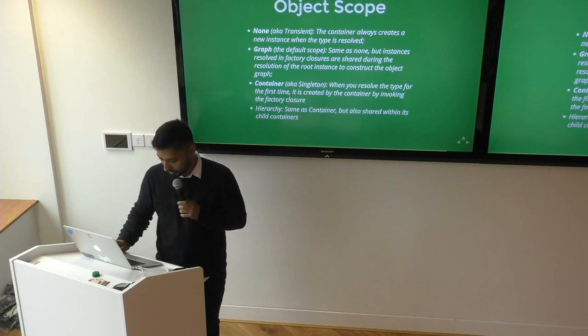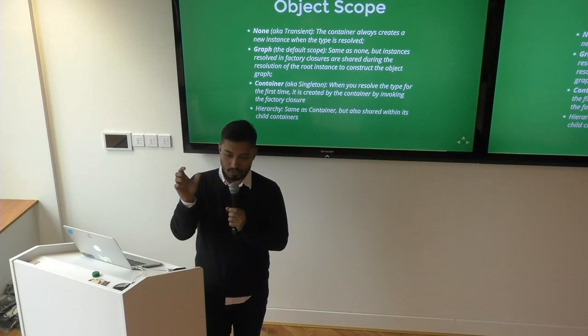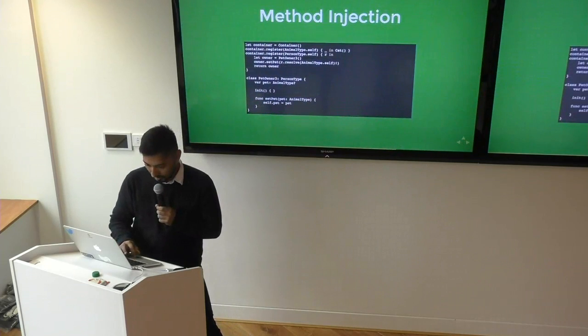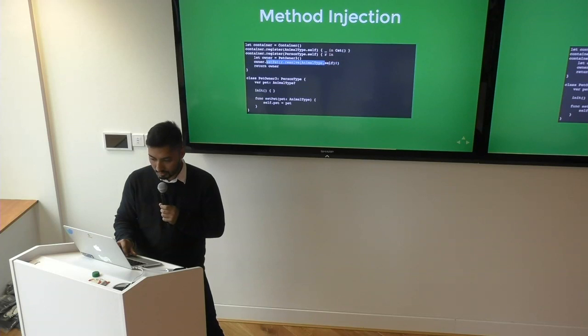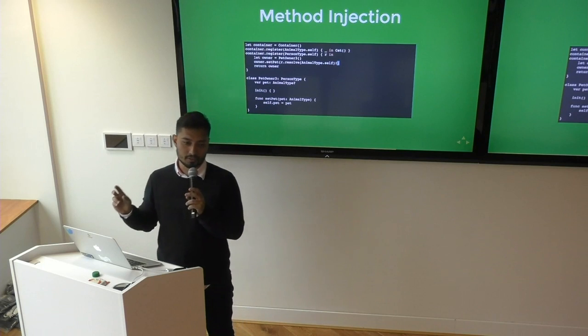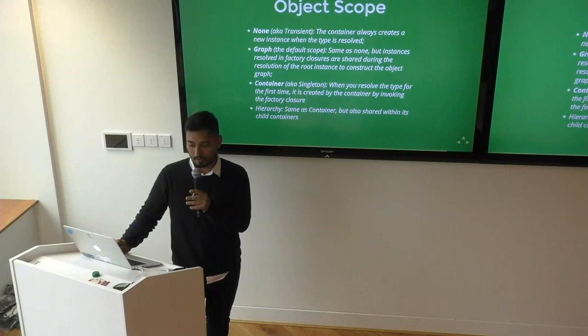I don't have any example, but after you register your class, you can just put a dot after this, and you can set the enumeration as the scope that you prefer.